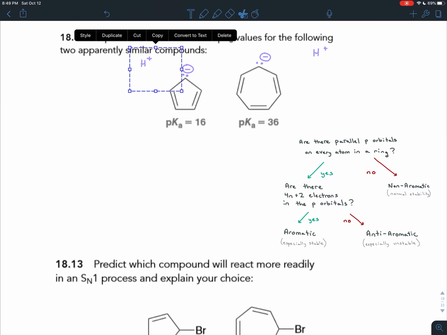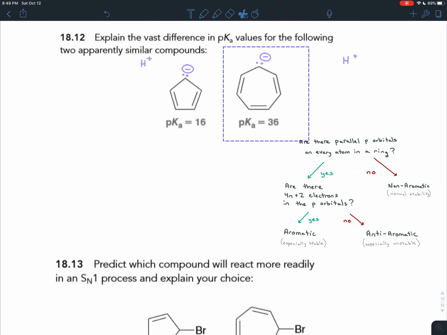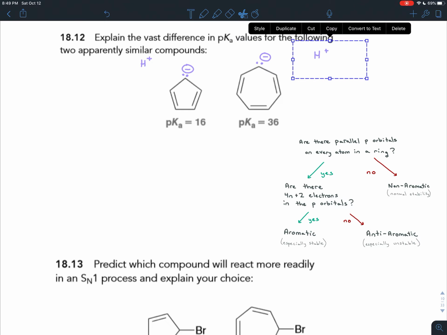But if it's not stable, then when the hydrogen tries to leave, this is so jittery and crazy, so high in energy, that it snaps right back on. The negative charge is so intense that it attracts the positive charge of the hydrogen, which snaps right back on. It never leaves, and the molecule doesn't behave as an acid. So really, the acidity of these molecules boils down to the stability of these rings, and that depends on aromaticity.